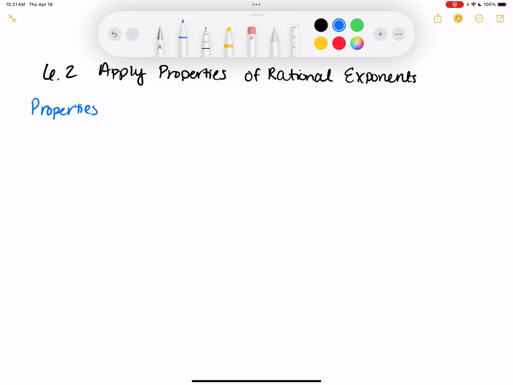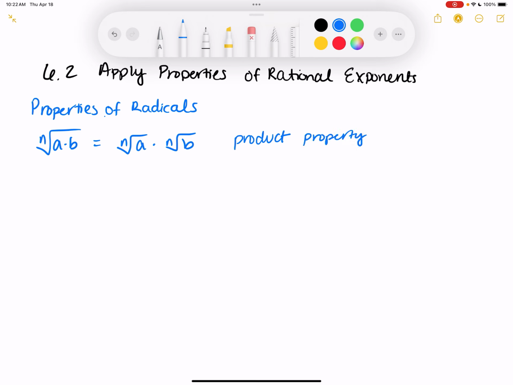I'm sure you've seen this before, but the nth root of a times b is equal to the nth root of a times the nth root of b. And this is the product property of radicals.